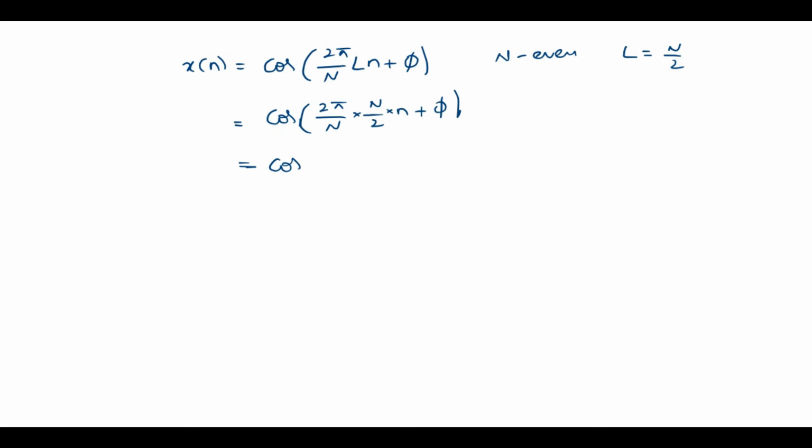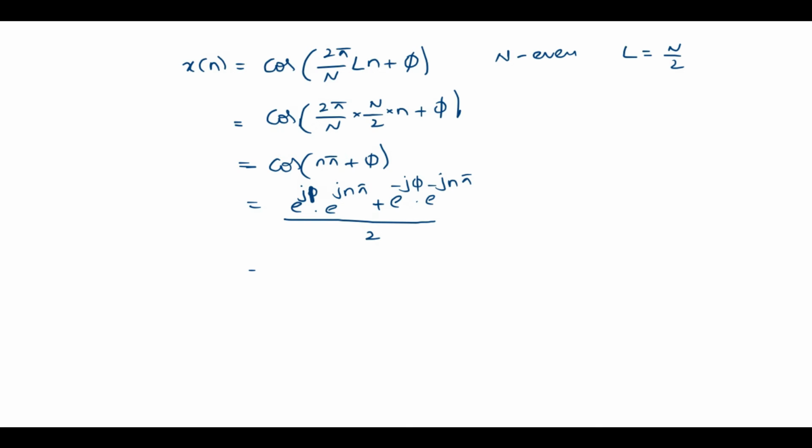So capital N will get cancelled and the 2 also gets cancelled, that is cos of n pi plus pi. So write this cos of n pi plus pi as e power j pi into e power j n pi plus e power minus j pi into e power minus j n pi, divided by 2.